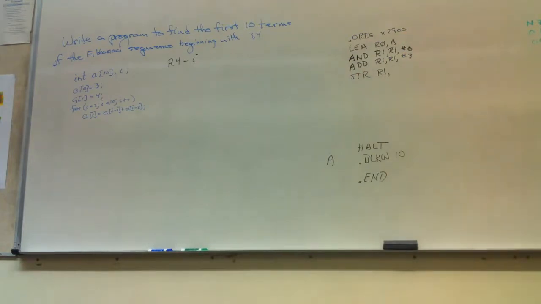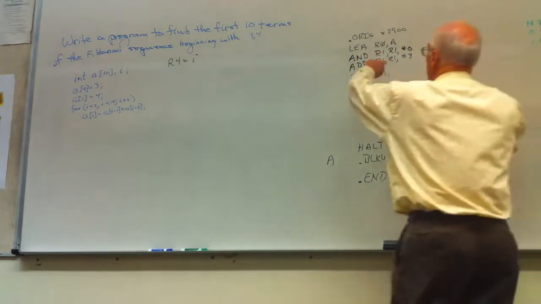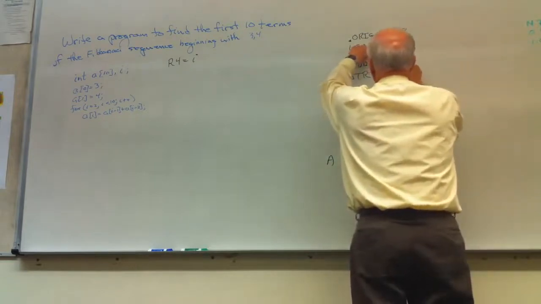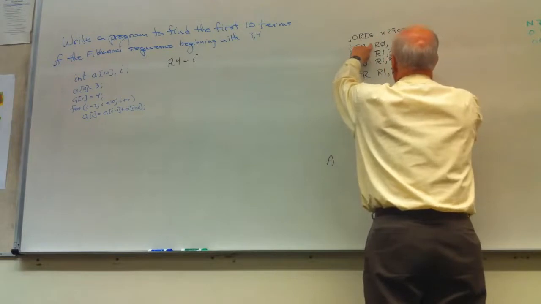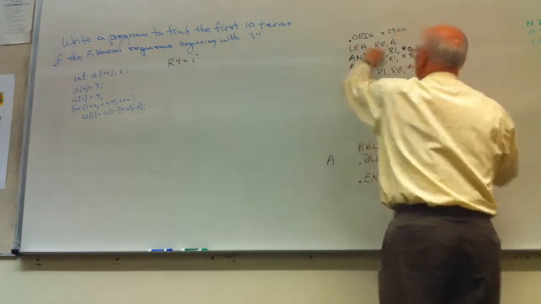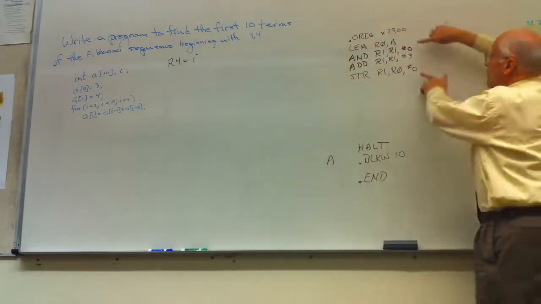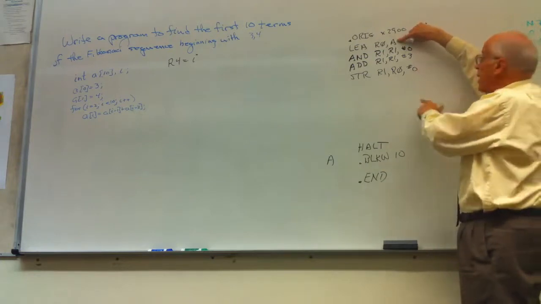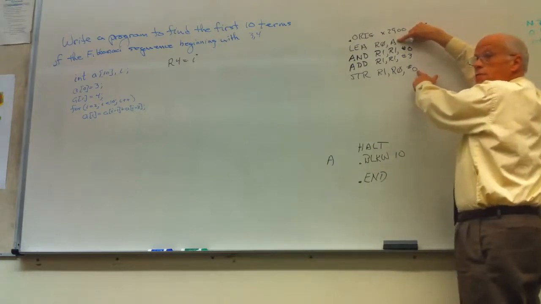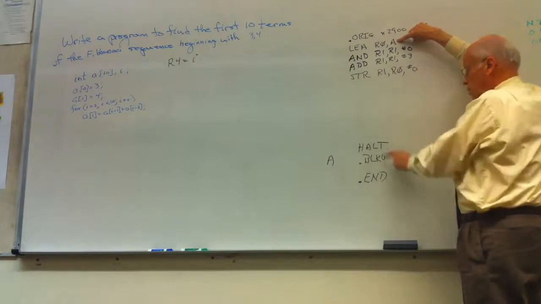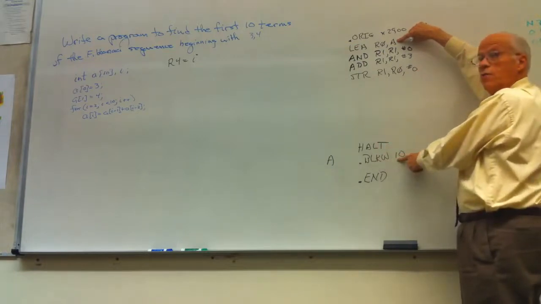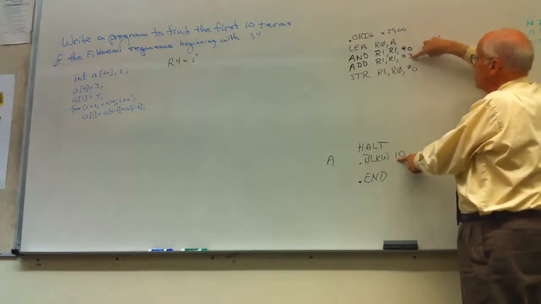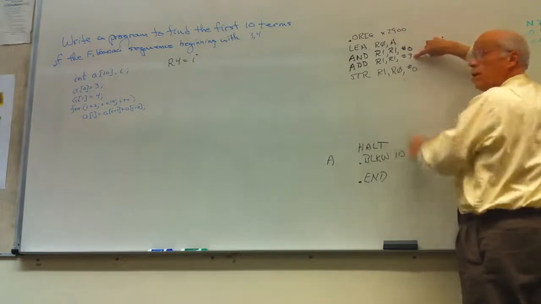And now the rest of this instruction, I need a base register, which is going to be register 0, and then an offset from that. So it takes the value that's in register 0, which is the address of A, offsets by 0 locations. In other words, I go to the first of these 10 words, and I store the contents of register 1 in that location.